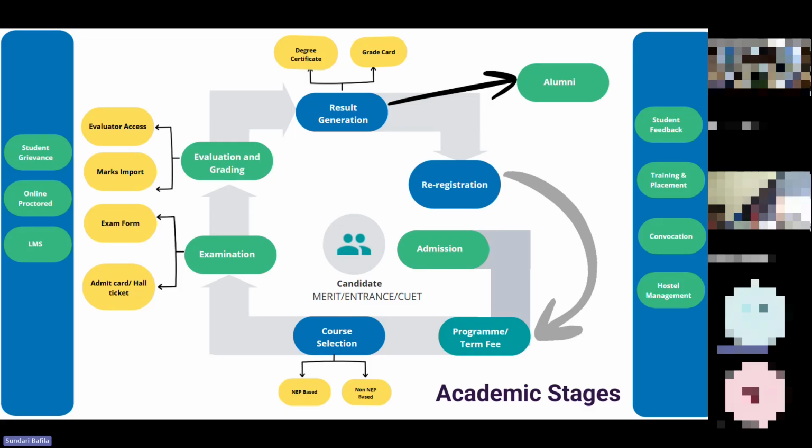After completing their course, the student becomes part of the alumni module, where the institution stays connected with them. Along with this, other modules also work together, like feedback, placement, hostel, LMS, online examination and the grievance system. Overall, Samarth manages the full student journey from admission to alumni on one single platform.